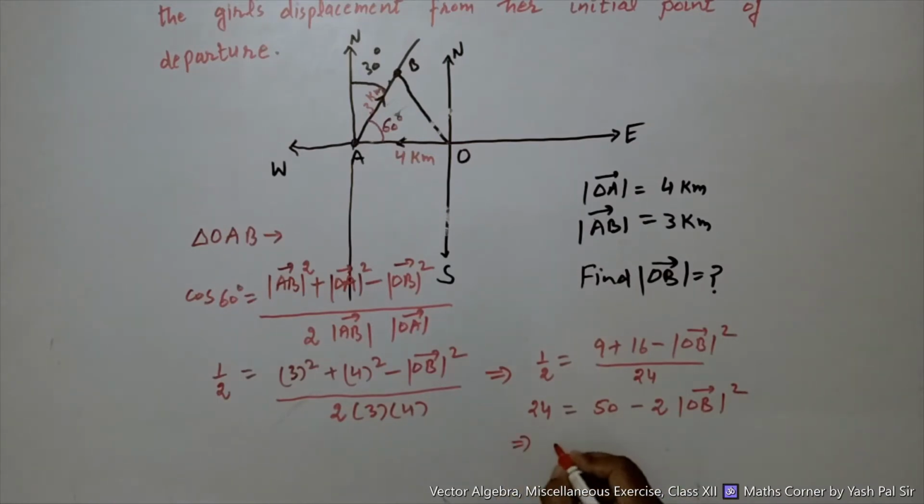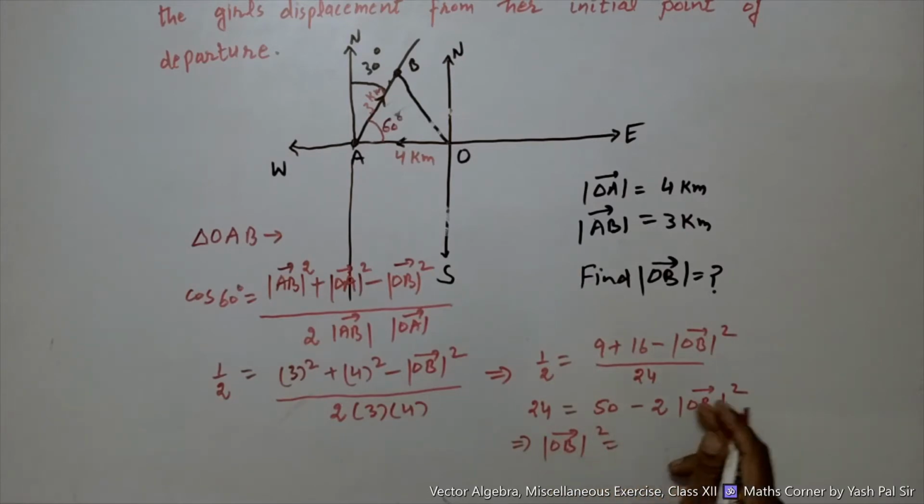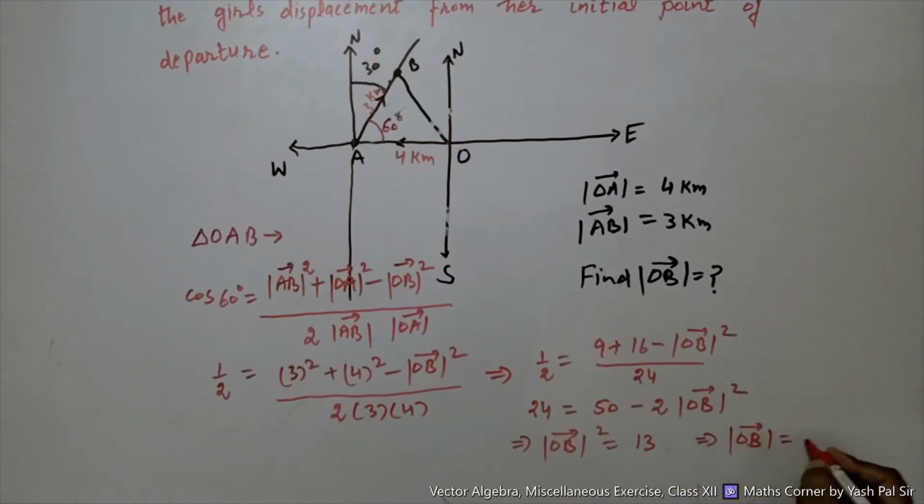So this way magnitude of OB whole square is equal to 50 minus 24, which is 26, 26 upon 2 is 13. That means OB magnitude is equal to square root of 13 units. Unit means here unit is kilometer.